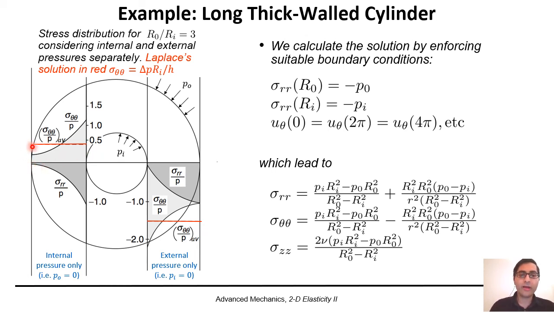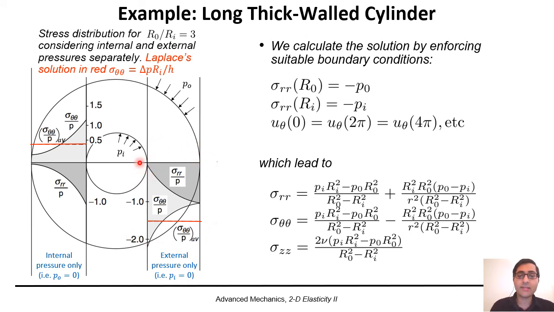So both of them have minimum value on the outer surface where the pressure is 0, and both of them get to a higher value as we approach toward the inner cavity. For the case that we have only external pressure, so PI is 0, the internal pressure is 0, we have the plots on the right side.